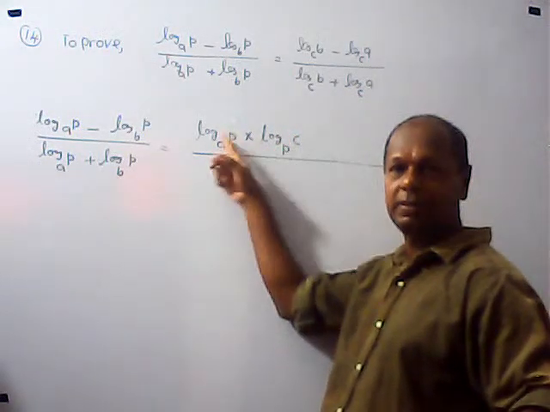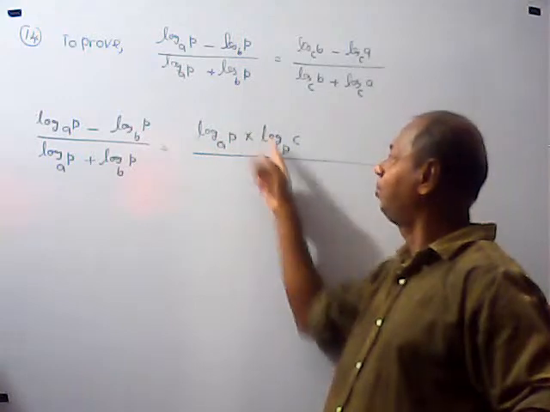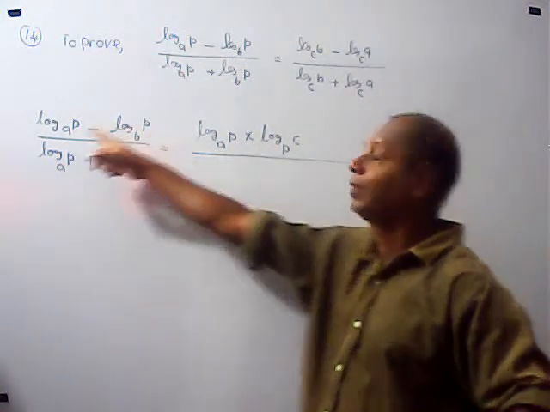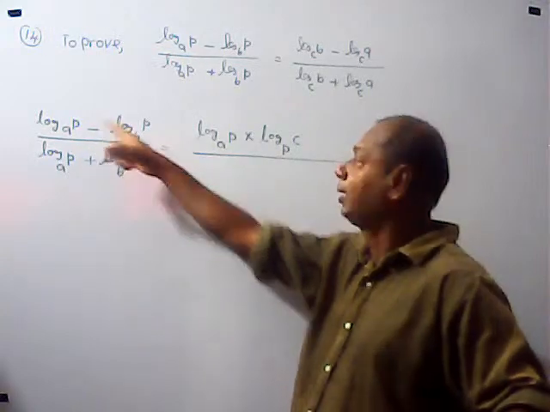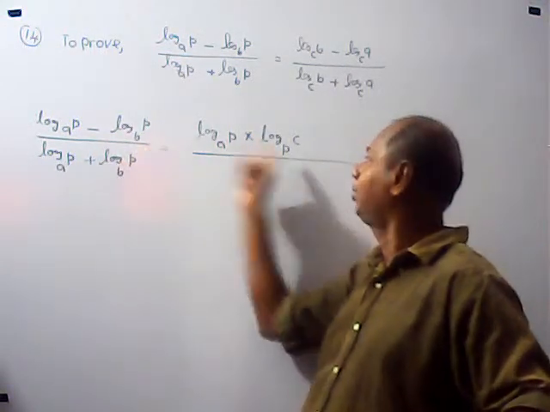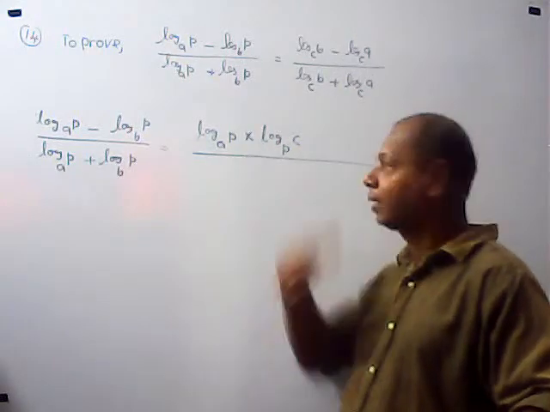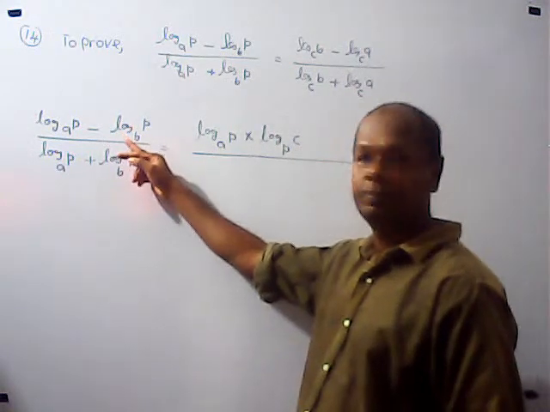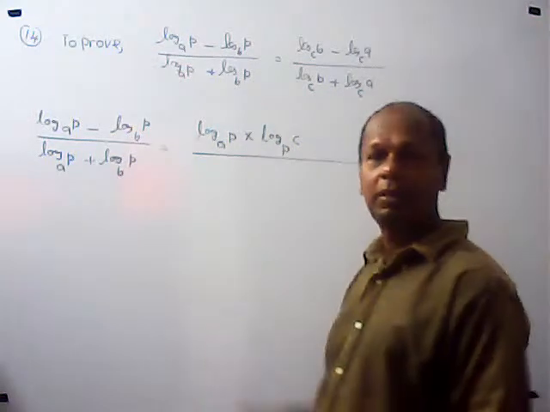P disappears. What's in the middle will disappear. And then not just one term. To make it balanced, you have to multiply all the terms in both the numerator and denominator by log PC. So multiply each and every term by log PC.